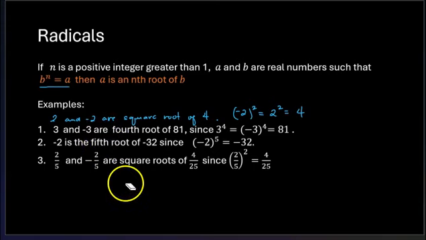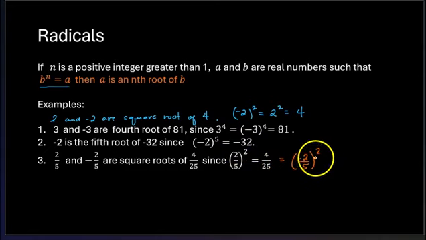But when we go back to this one, 2 over 5 and negative 2 over 5 are square roots of 4 over 25. Why? Because both negative 2 over 5 and positive 2 over 5 will give us 4 over 25 when we square them.